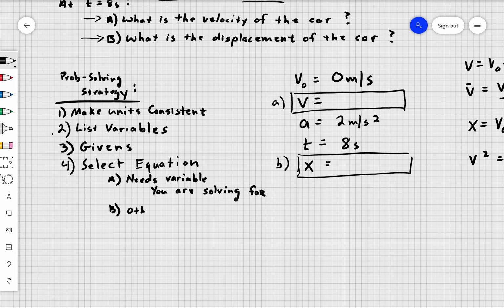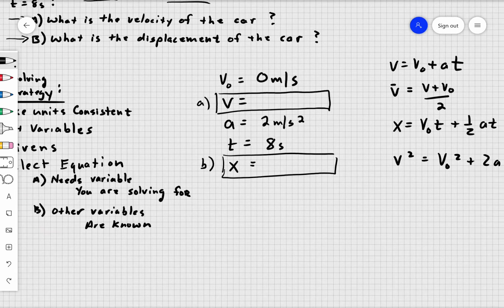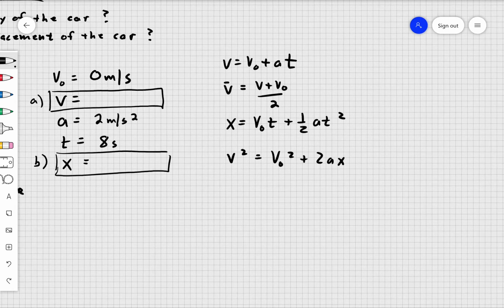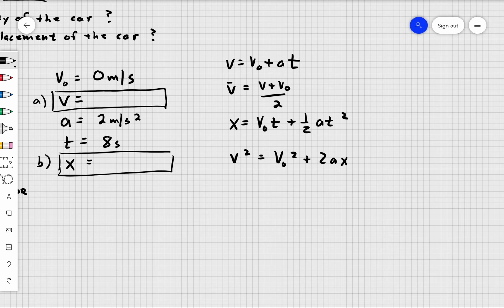So using these two criteria, if we want to solve for v, we need an equation that has a v in it. So this last equation has a v. The quadratic does not. This one does, and this one does. So one of those three.